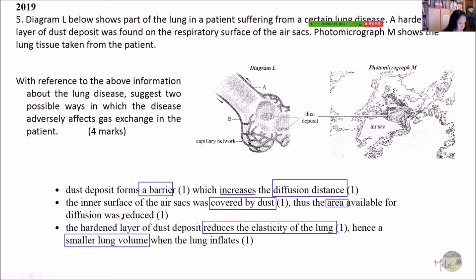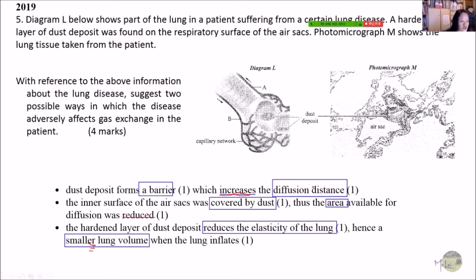Remember to include these words, the effects. Reduce, small, not just small, but smaller. And this one, increase. So what you have learned are the factors: diffusion distance, surface area, etc. But in the examination, most of the time, they will give you some scenarios, such as you get a disease or your lung is affected by dust.